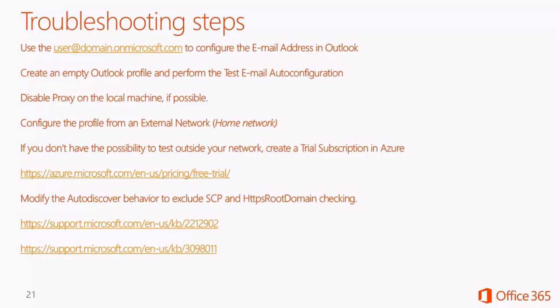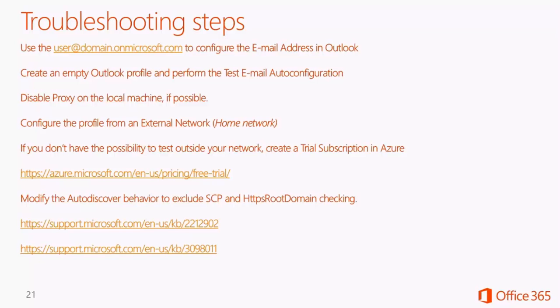To see if in fact the issue is with the root domain, the Autodiscover root domain, or the SCP, try to exclude them with registry keys. There are two articles here. You just have to add some registry keys to alter the behavior of Outlook querying for Autodiscover.